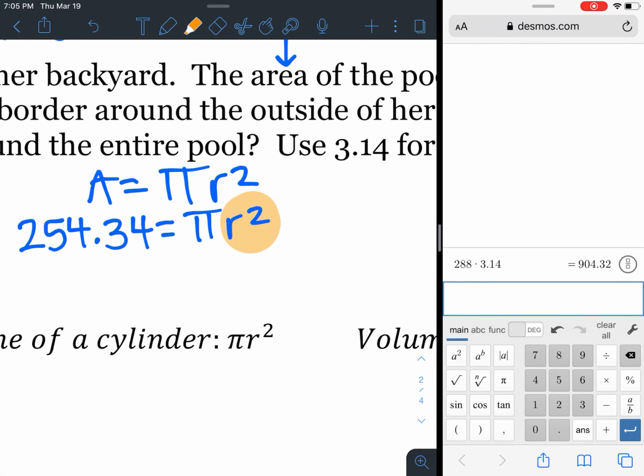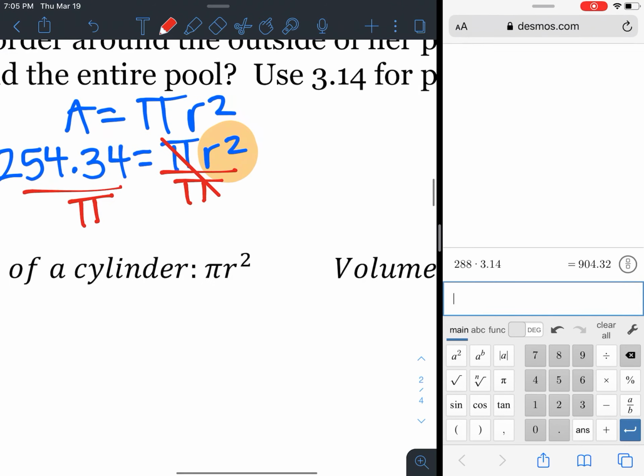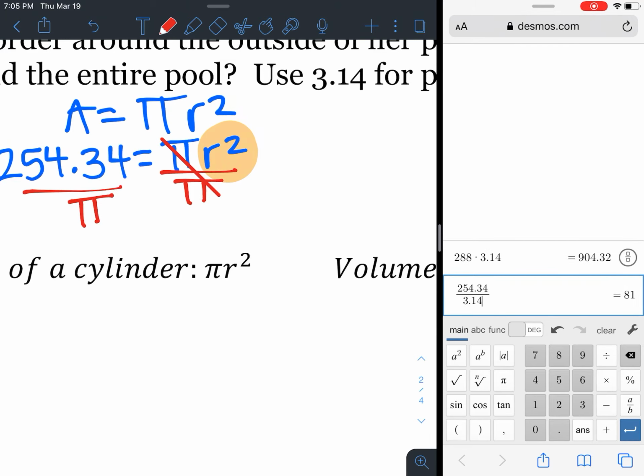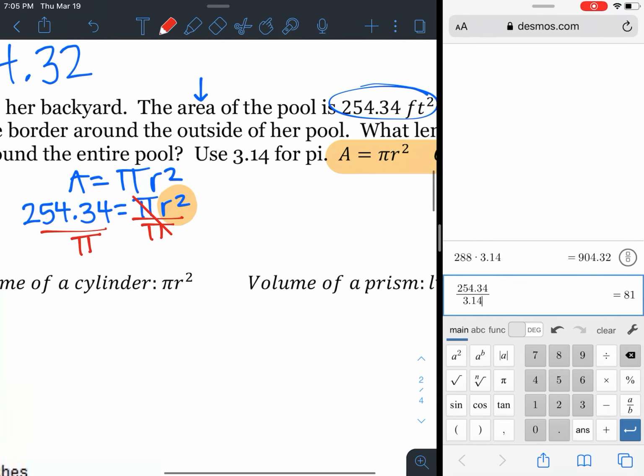We're trying to solve this for r first. So we're going to divide both sides by pi. It cancels out over here on the right, but on the left you have to actually do 254.34 divided by 3.14. 81. So the radius squared equals 81. So take the square root.